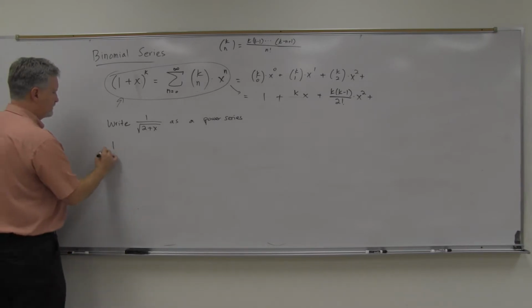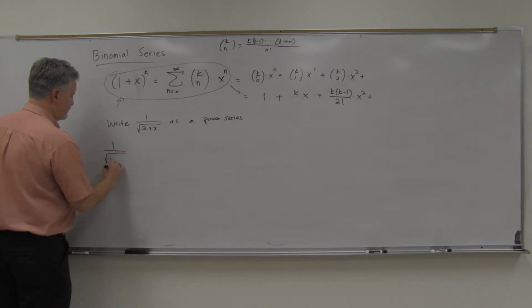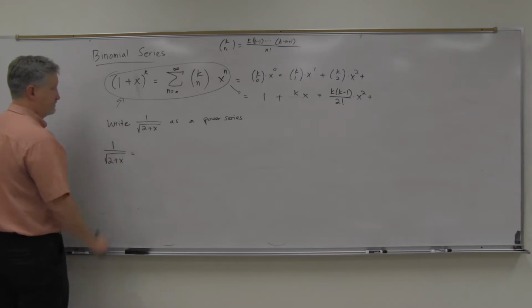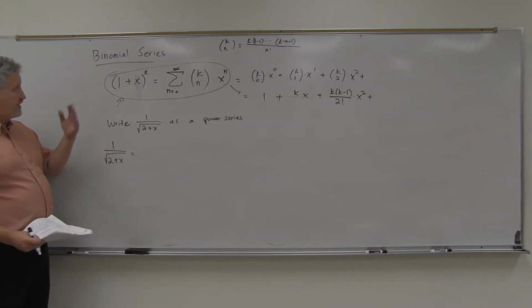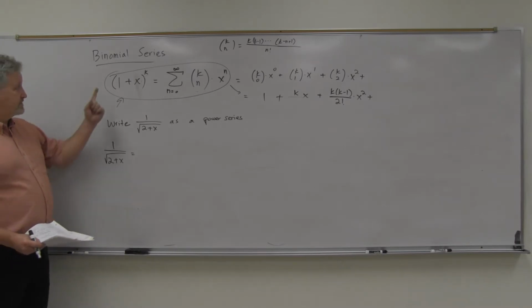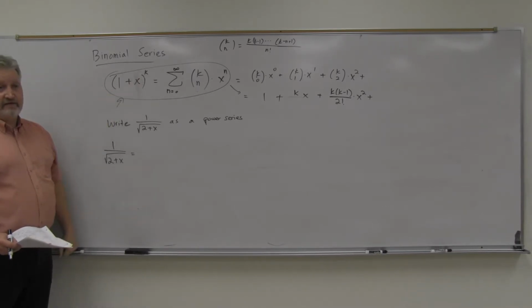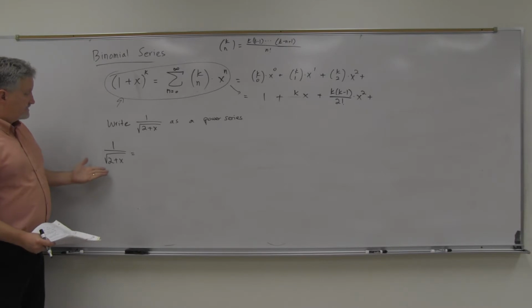And so 1 over square root of 2 plus x is not quite in the proper form yet for a binomial series. For the binomial series, we need 1 plus x to a power. Well, that's not quite what we've got.